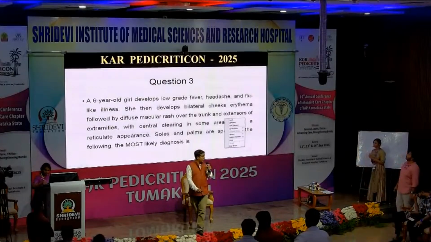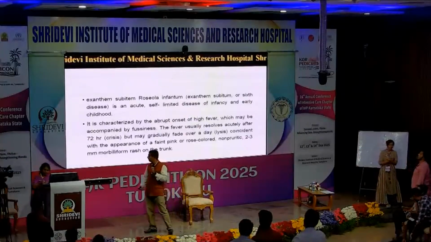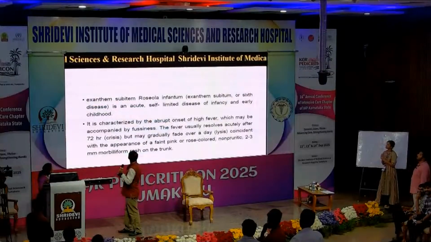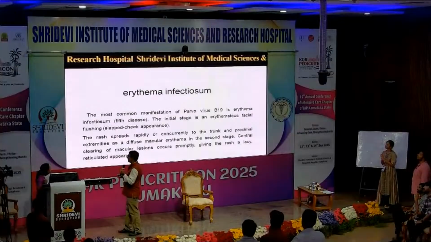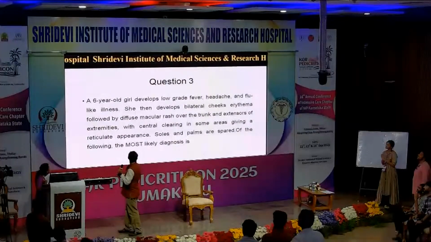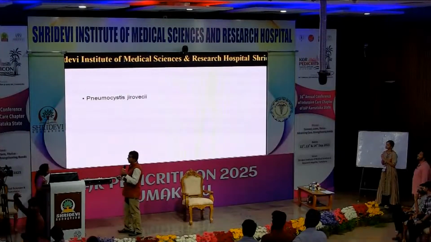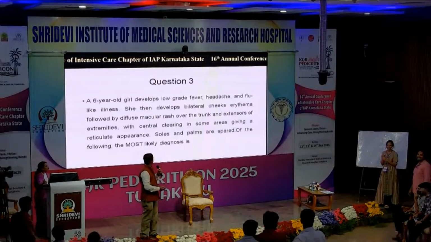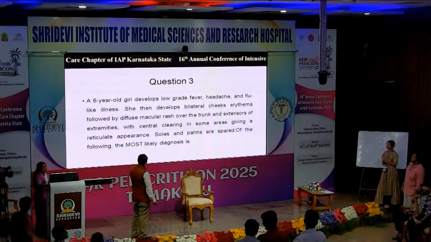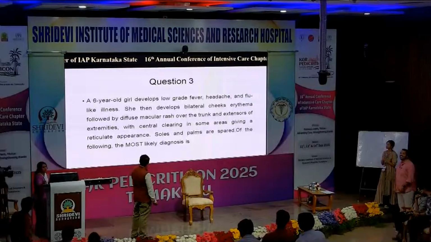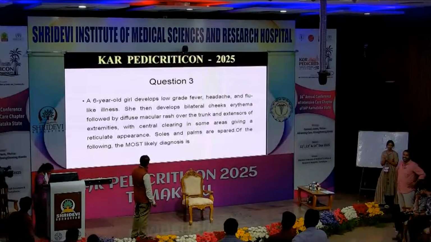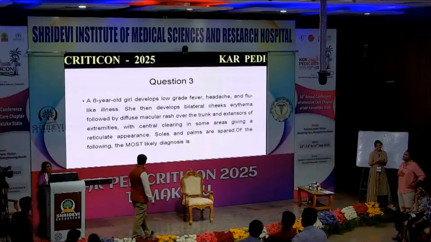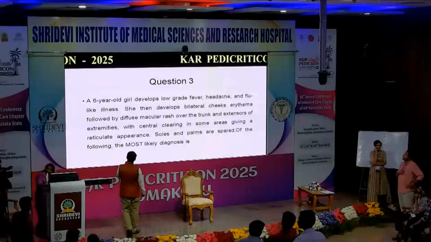Okay, the next question for team C. A 6-year-old girl develops low-grade fever, headache, and flu-like illness. She then develops bilateral cheek erythema, followed by a diffuse macular rash over the trunk and extensors of extremities, with central clearing in some areas, giving a reticulate appearance.